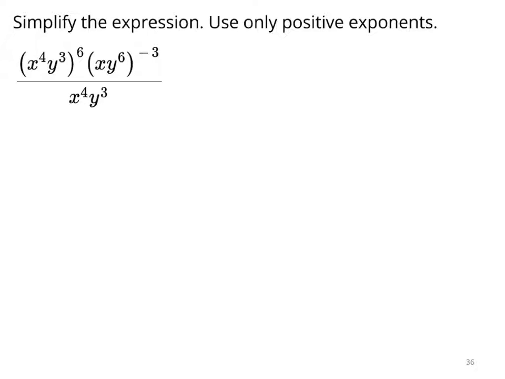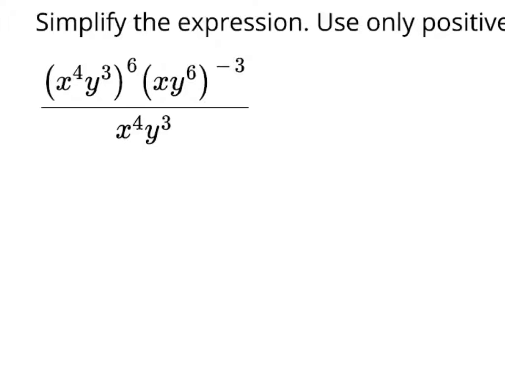All right, simplify this expression using only positive exponents, which is all they really want us to do anyways. So let's simplify the numerator first by distributing the 6 into this set of parentheses to the exponents. And then this negative 3, and that x has a power of 1, so we have to distribute the negative 3 there as well.